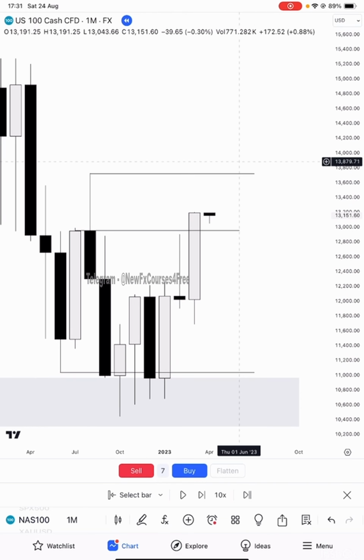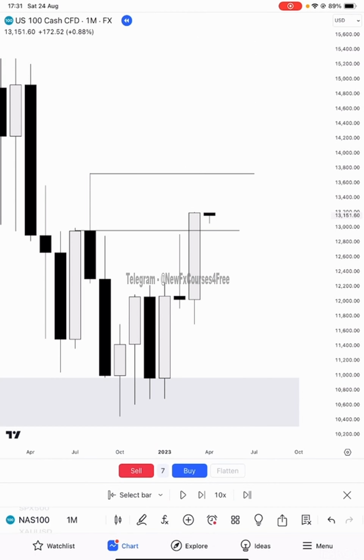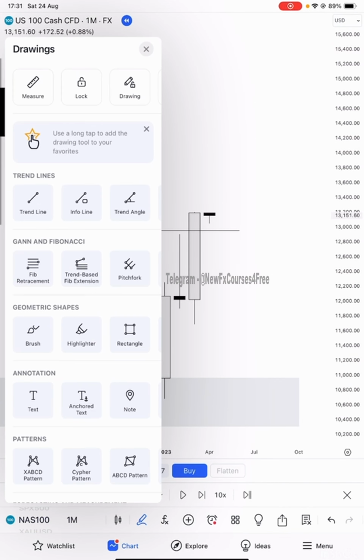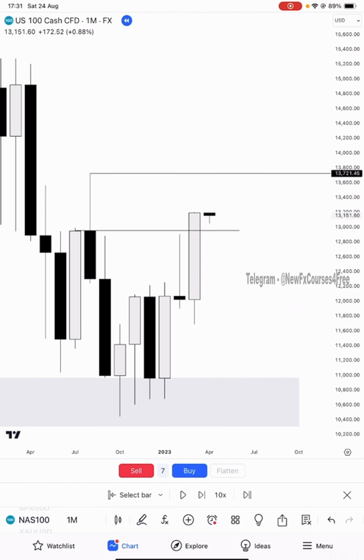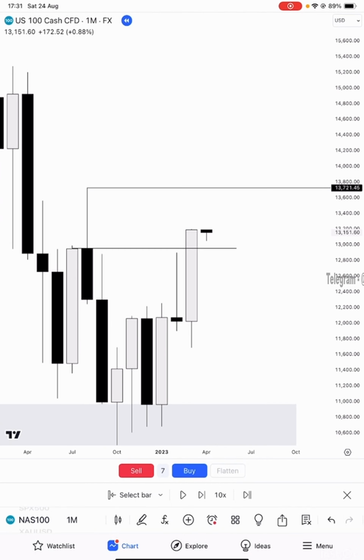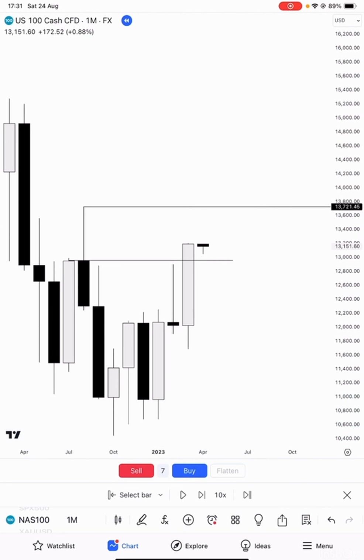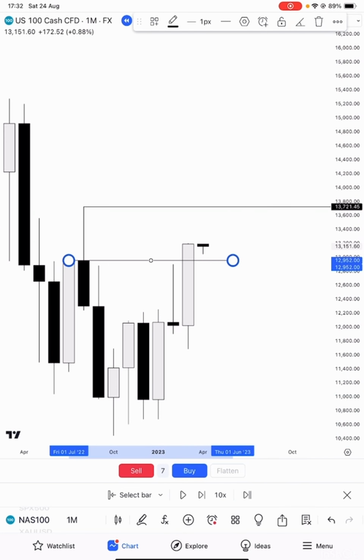A breaker. So now the monthly is screaming bullish, and the target is the range high here. That's how you frame a bias, and in this case I want to frame the monthly bias, just to know.